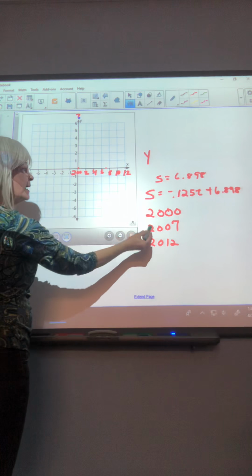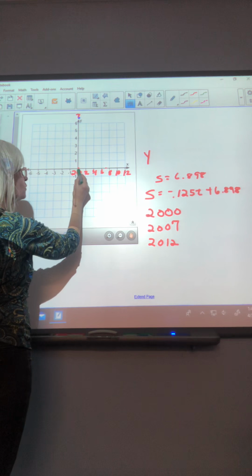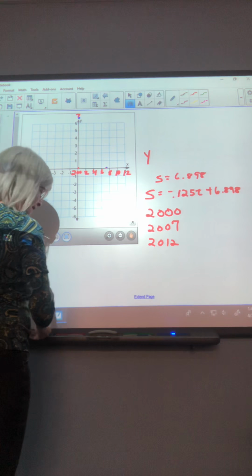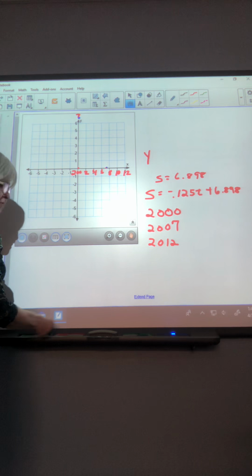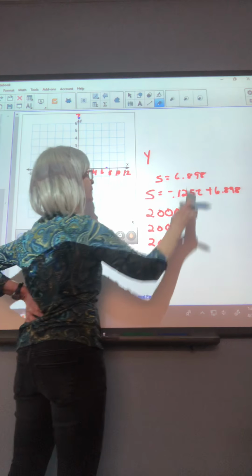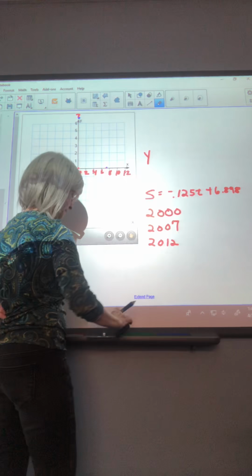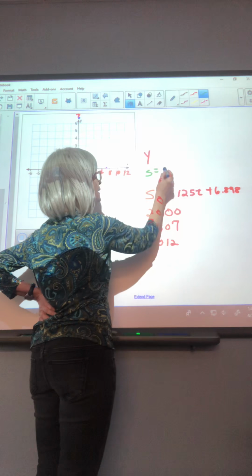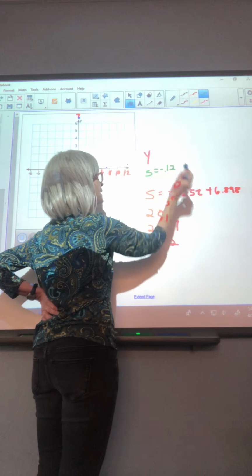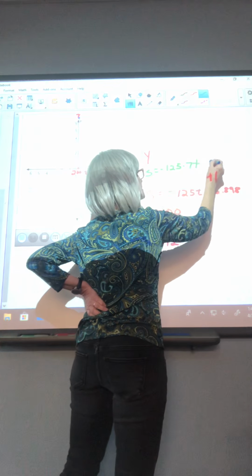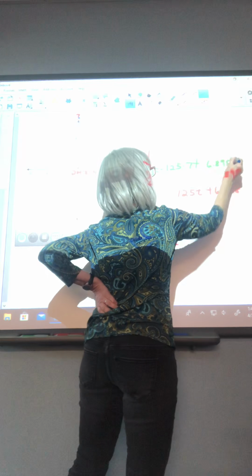Okay. And then 2007, so here is where we're going to start. And then we're going to need to use our equation. So we're going to have S is equal to a negative 0.125 times 7 plus 6.898.